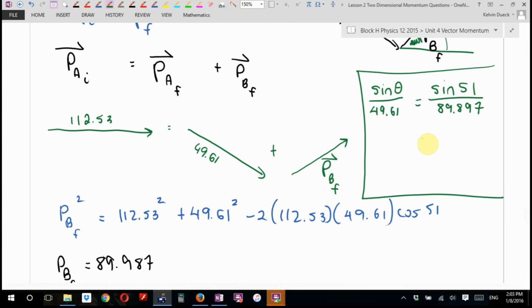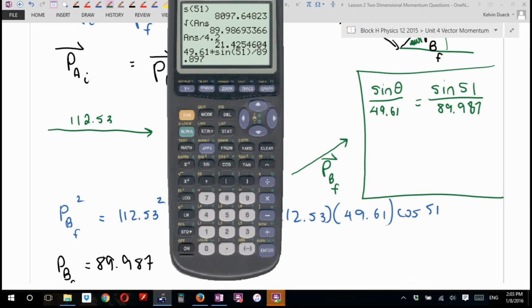Oh, is it 98? I wrote it down wrong? Don't do that either, Mr. Duick. You'd think I could remember that because it's 987. That's like in some kind of an order, one might even say. Hey, I can fix that here. 98. No one noticed. Whew. Okay. Oh, shift sine of that.